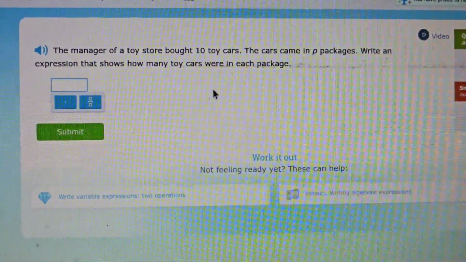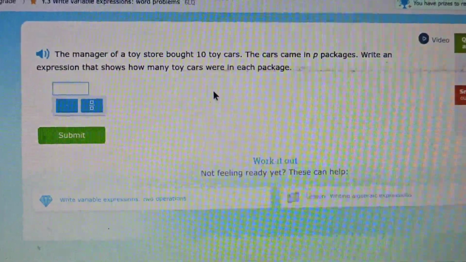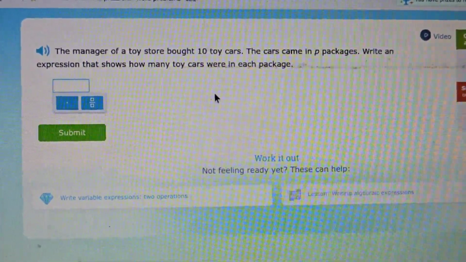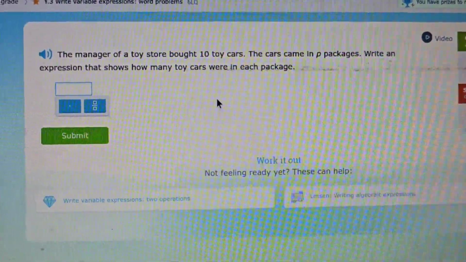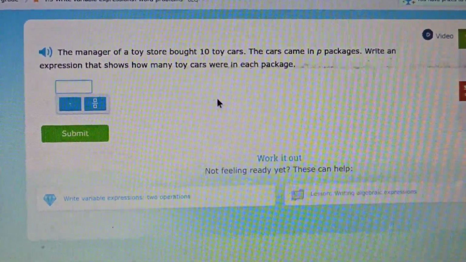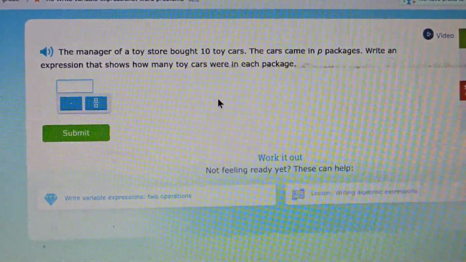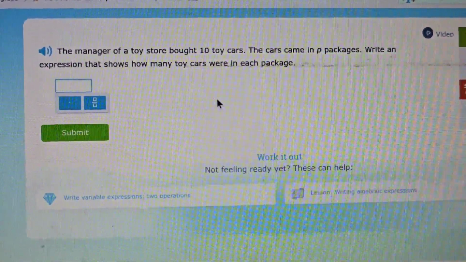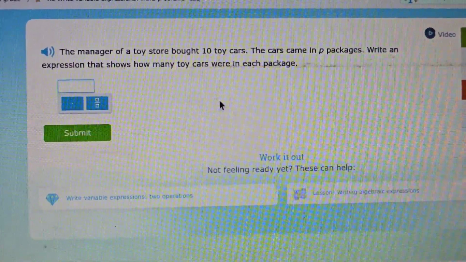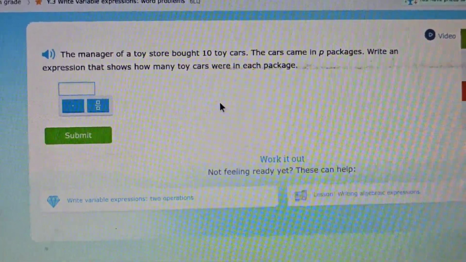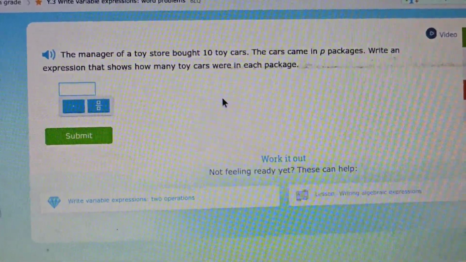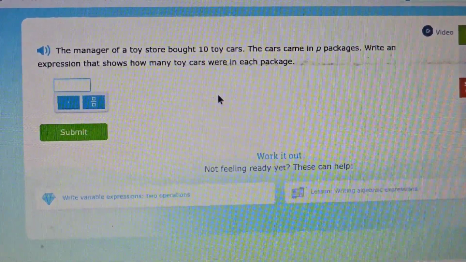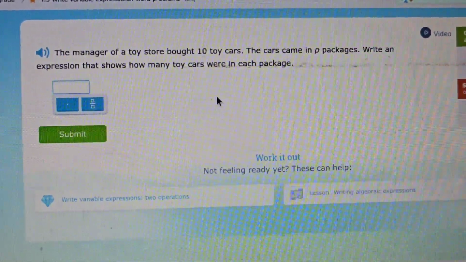If we multiply 10 by 2, that'll give us 20 cars. That doesn't make any sense. If we add 2 to the 10 cars, that doesn't make any sense either. We're actually dividing it into separate packages. So we take 10 toy cars divided by P, or divided by 2, to give us an answer of 5. In this case, our expression would be 10 divided by P.